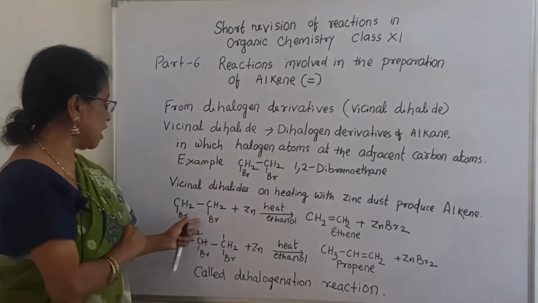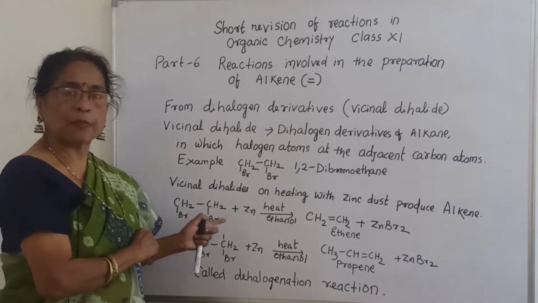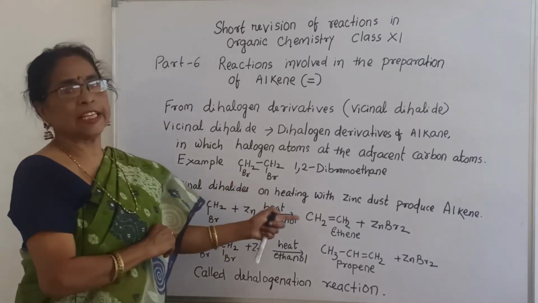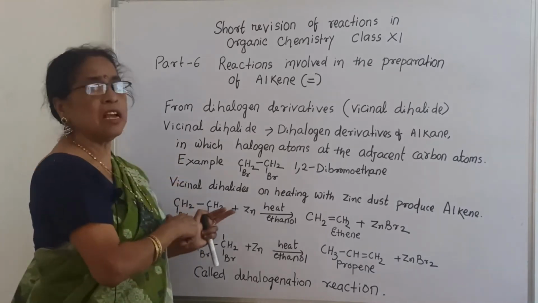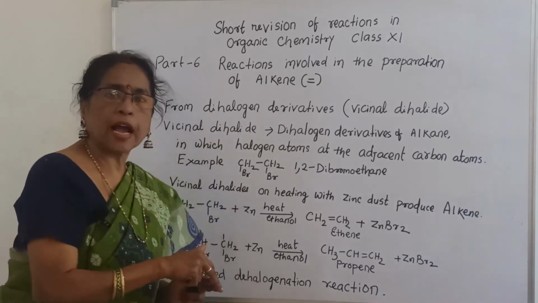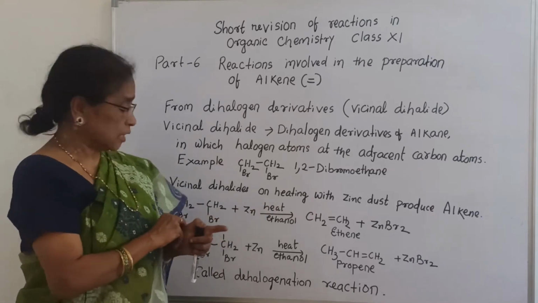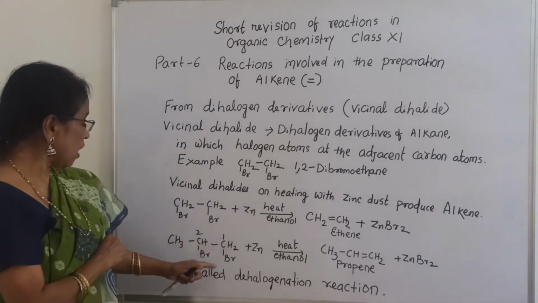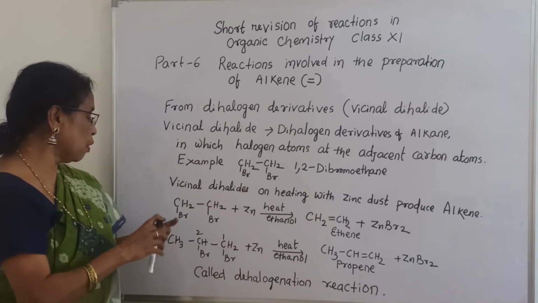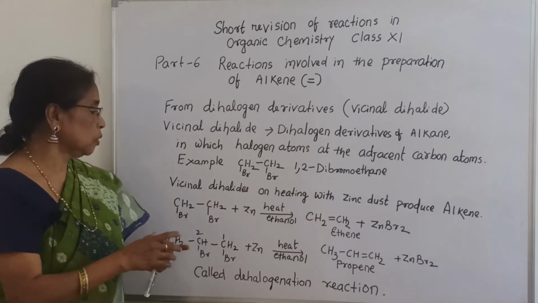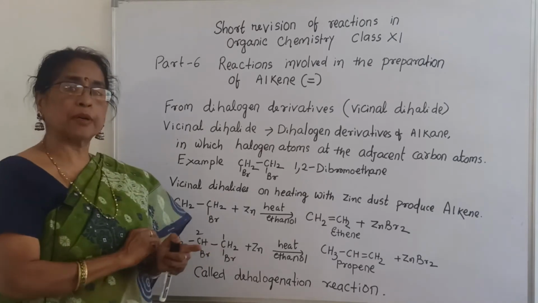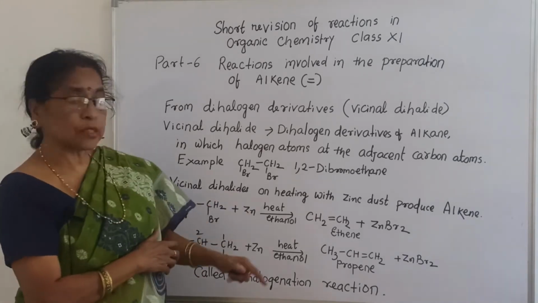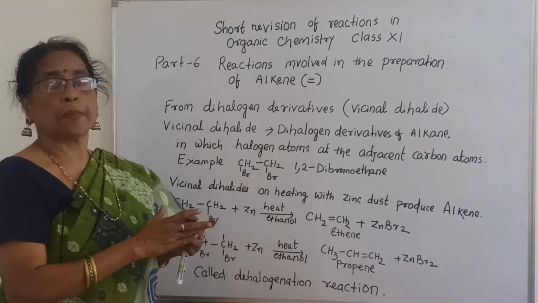Now this is one simple example: 1,2-dibromoethane, and you will get ethene, because two carbons in the reactant give two carbons in the product as alkene. Similarly, in the second reaction, 1,2-dibromopropane, you will get propene because it contains three carbons, so the product is propene.